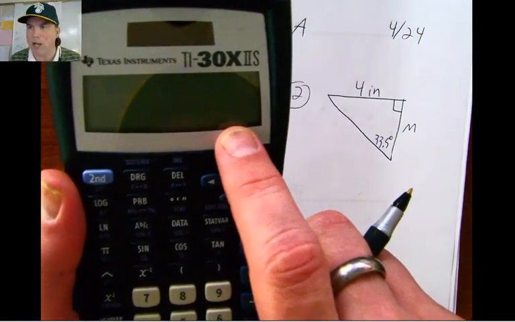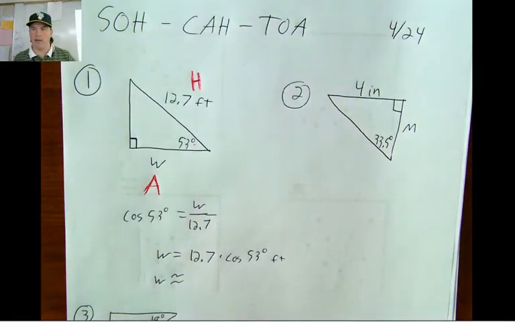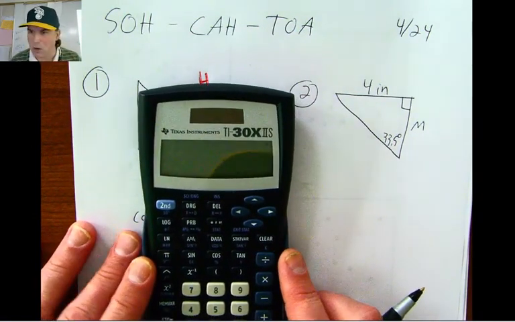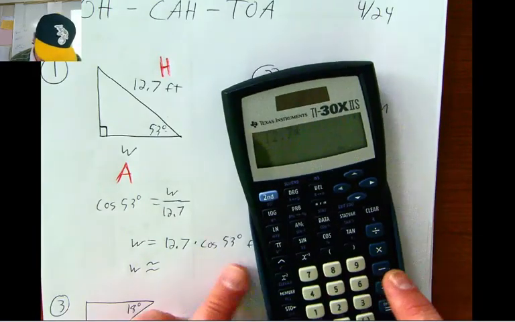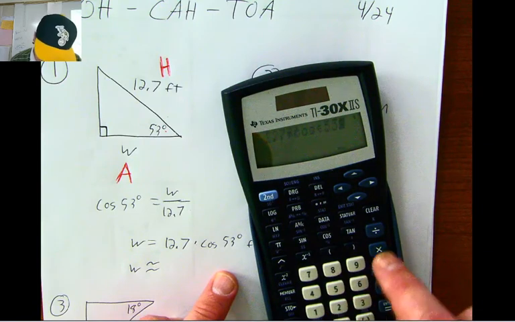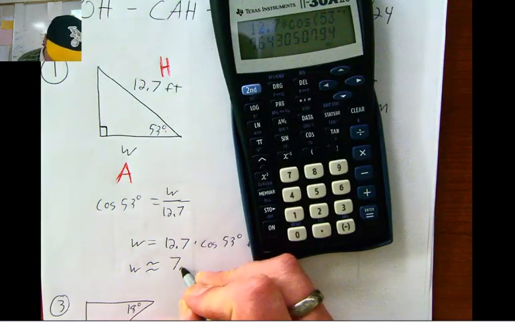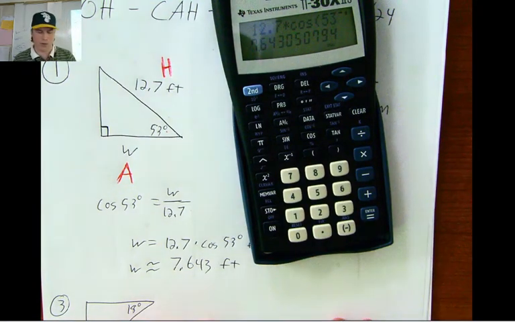Right here, my calculator says DEG, which means it is in degree mode. So I can just enter 12.7 times cosine of 53, close parentheses, and it gave me an answer of 7.643 feet for the approximation.